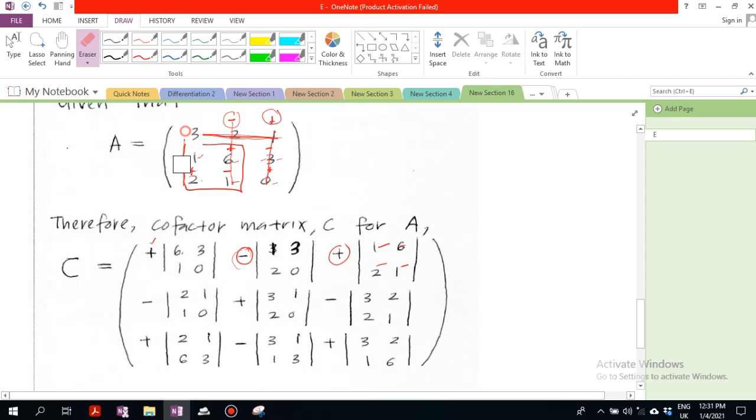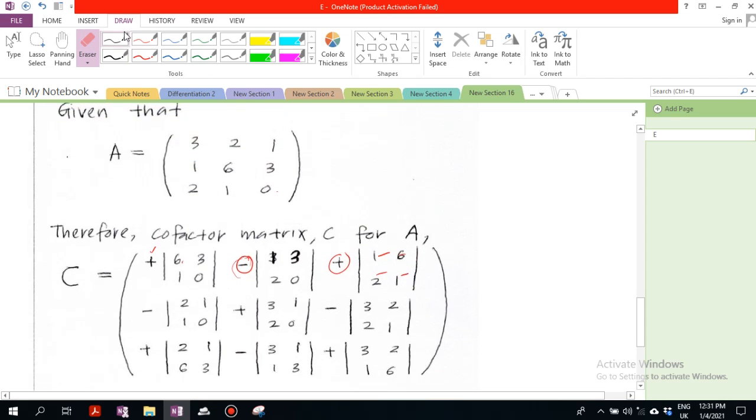Okay, so just now the second row will be negative, positive, negative. So the second row will start with negative. Then you eliminate this row, you eliminate this column, you will get this one here. Then next is the second column, the second row will be positive, then you will eliminate this one, you will eliminate this one, you will get 1, 3, 2, 0.